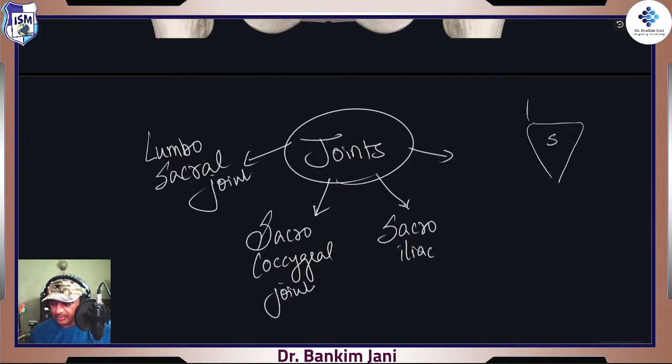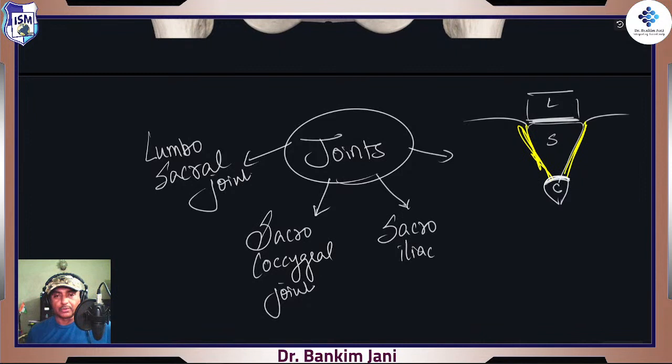So sacrum is with, say this is lumbosacral, because this is lumbar vertebra, so lumbosacral. Then over here, that would be sacroiliac, correct? And then here is the coccyx, so in between would be sacrococcygeal. And finally, all the way in the front, where the two pubic bones meet, that would be the fourth one, pubic symphysis.